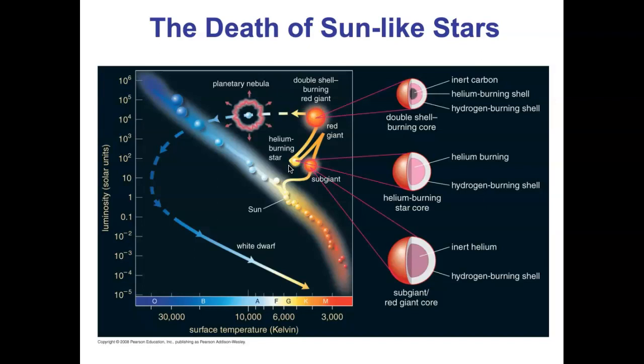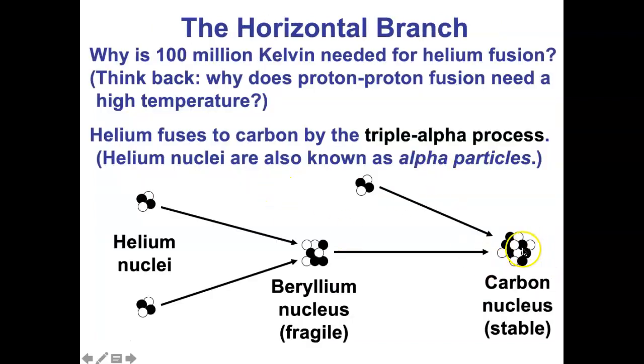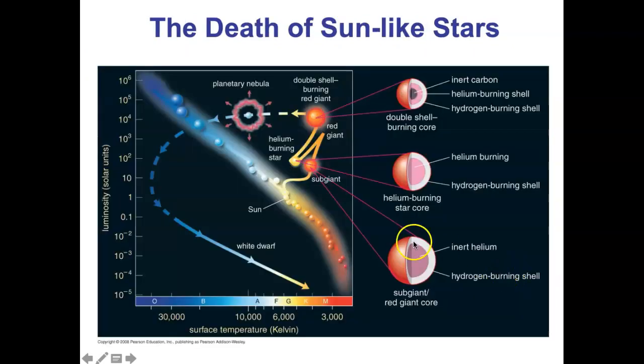Eventually, that horizontal branch star runs out of helium, when that helium fuses into carbon. And so once that horizontal branch star has completely converted its core into carbon, that vicious cycle starts up again. The carbon core now starts to contract and heat up.